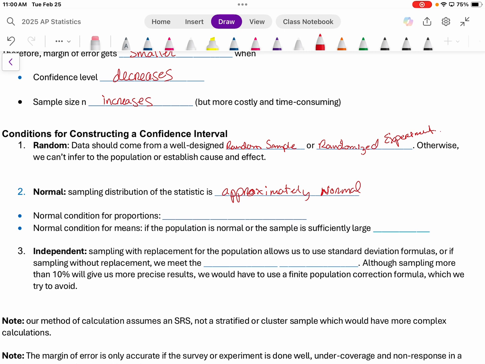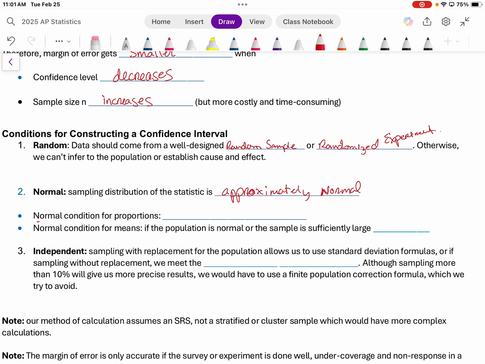If they don't say it's approximately normal, but they give us a sample size of 20, well, we think about last chapter, there's a cutoff for when we're dealing with means for a sample size for it to be normal. 30 was the cutoff. So if they tell us that it's approximately normal but don't give us any information about the sample size, that's okay. We can go ahead and say that it's normal.